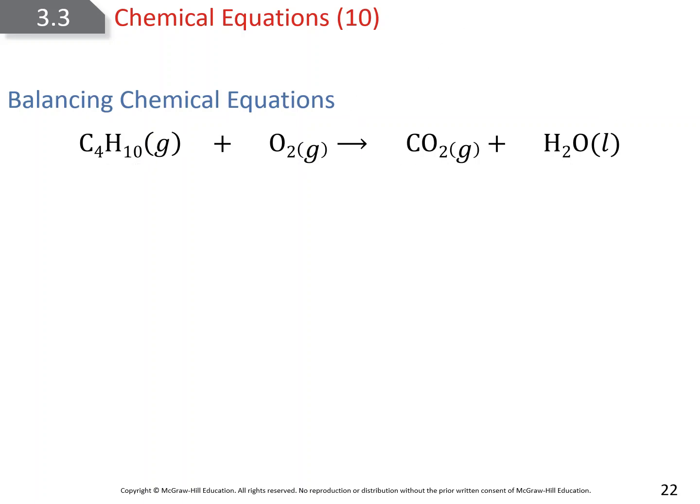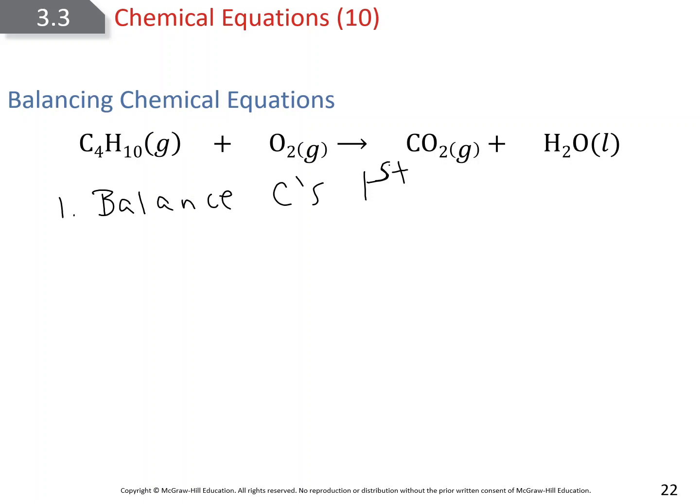So the rules for balancing combustion reactions, the easiest one there is to first and foremost balance all carbons first, ignoring everything else. So when I say balance it, what I mean is I want to have the exact same number of things on both the left and the right side of the arrow.